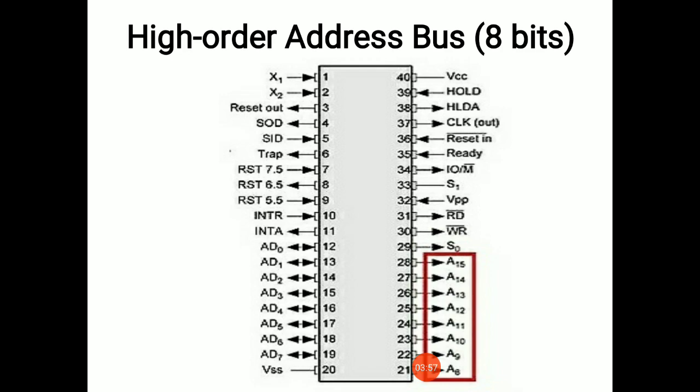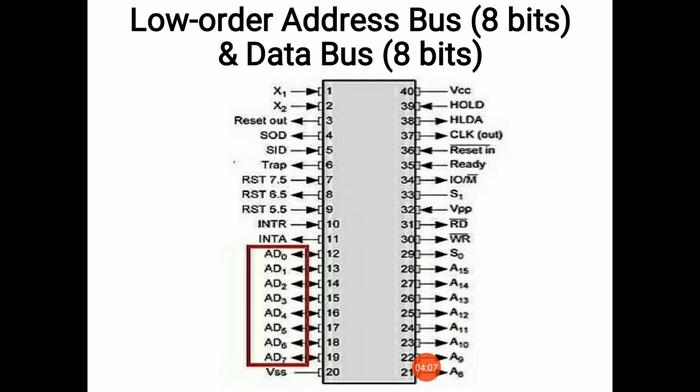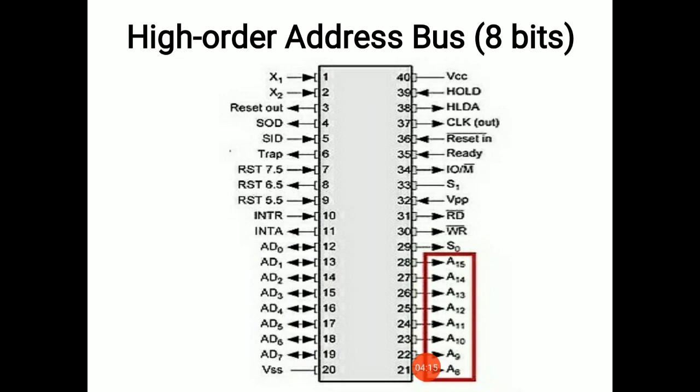Under this classification we have the pins A8 to A15, which is called the higher order address bus, and AD0 to AD7, which is called the low order address bus and data bus. What are these buses used for?